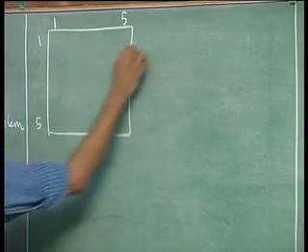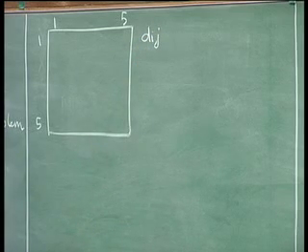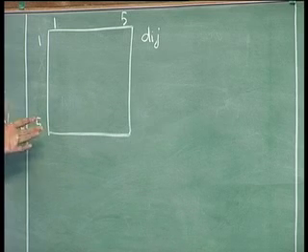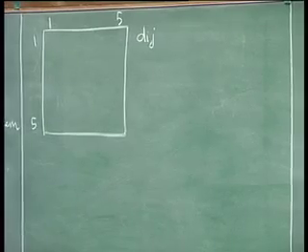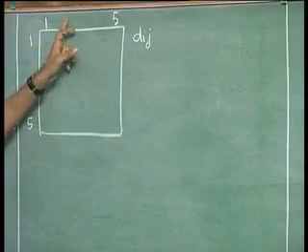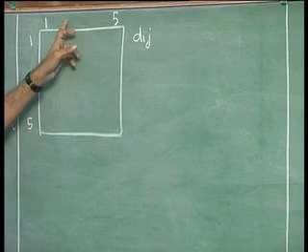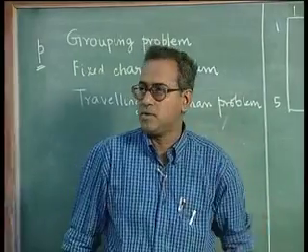So, dij, the distance, is known. We can assume that it is symmetric, but it is not absolutely necessary that it is symmetric in a travelling salesman problem. Normally, the distance between any point and itself is 0, but it is customary to define dii as infinity in all travelling salesman problems.